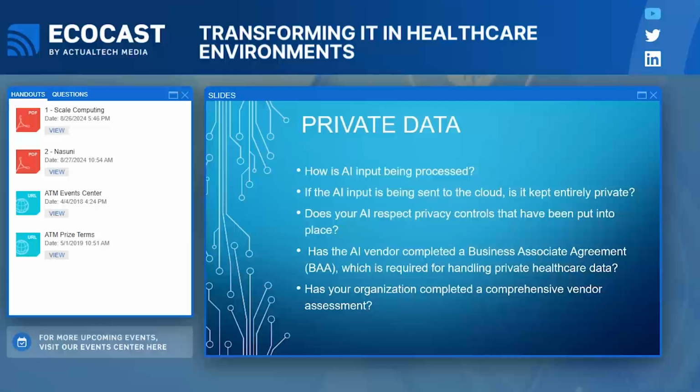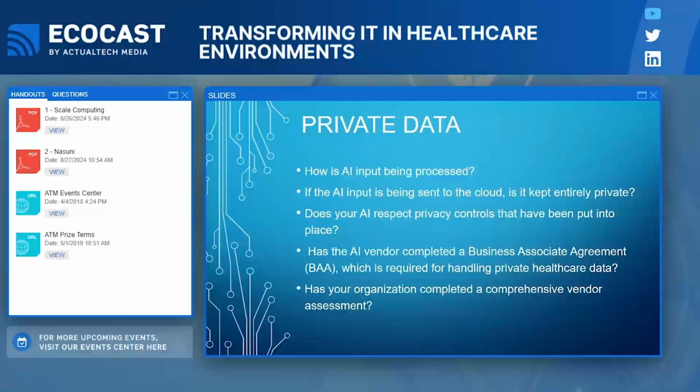Because if that AI input is being sent to the cloud, you have to wonder, is it being kept entirely private? Now, there are some companies out there that do guarantee that they keep your data private. But in other cases, the data that you send up to the cloud actually becomes part of the training algorithm, and it can be used to train the AI engine that's running on the back end.